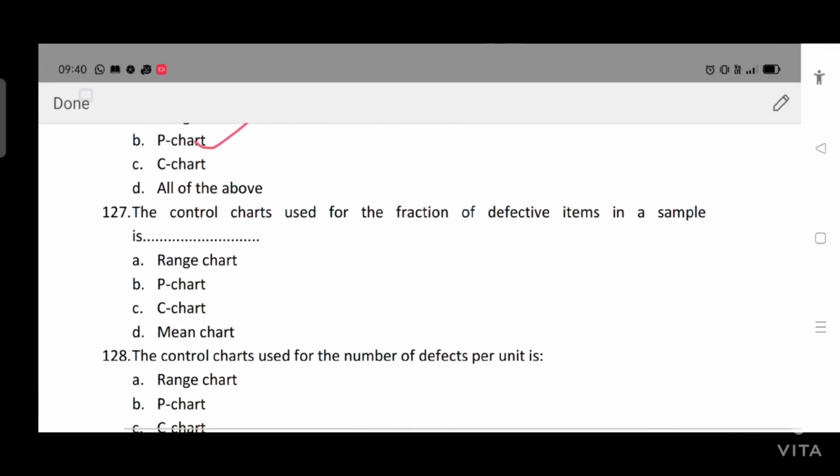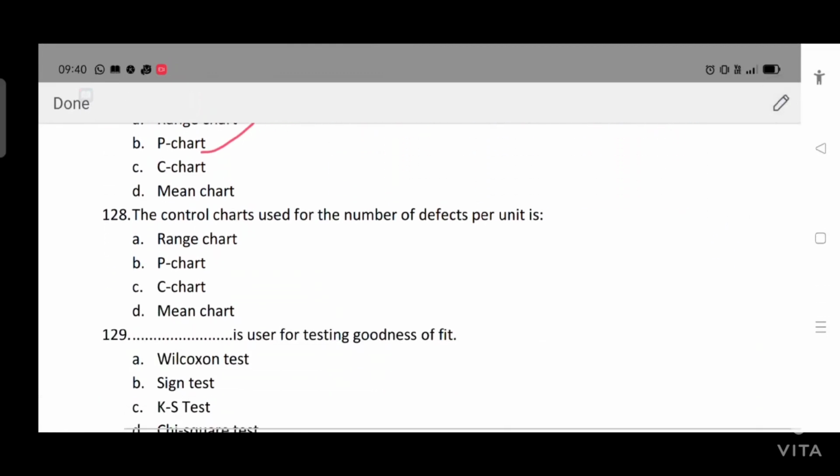The control chart used for the fraction of defective items in a sample is dash. B. P chart. The control chart used for number of defects per unit is C chart.